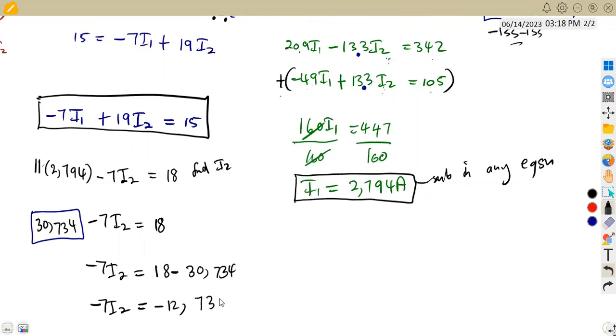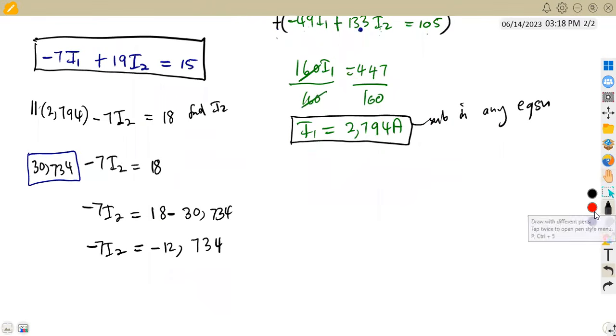Then divide by negative 7 on the calculator and we obtain the value of current 2, which is 1.819 amps.